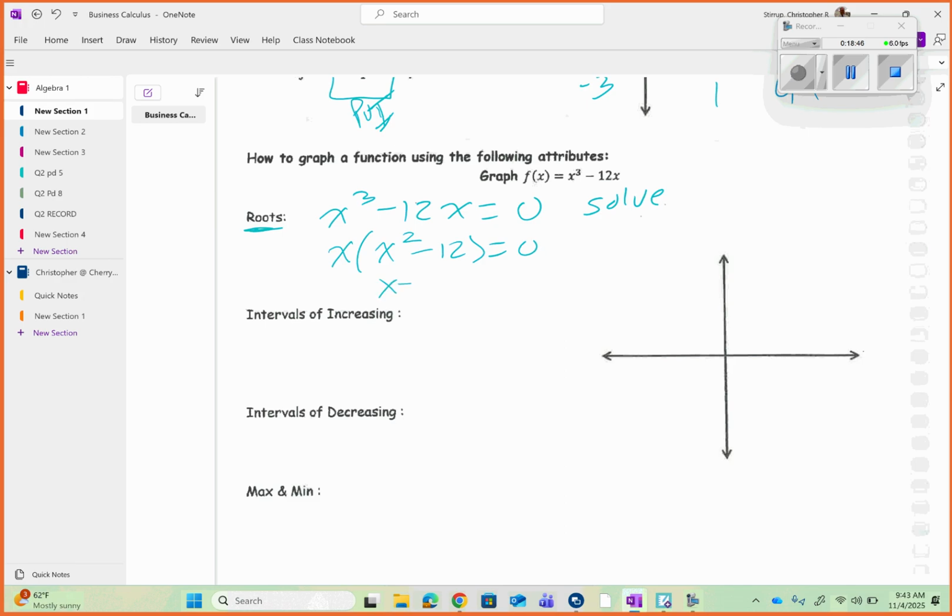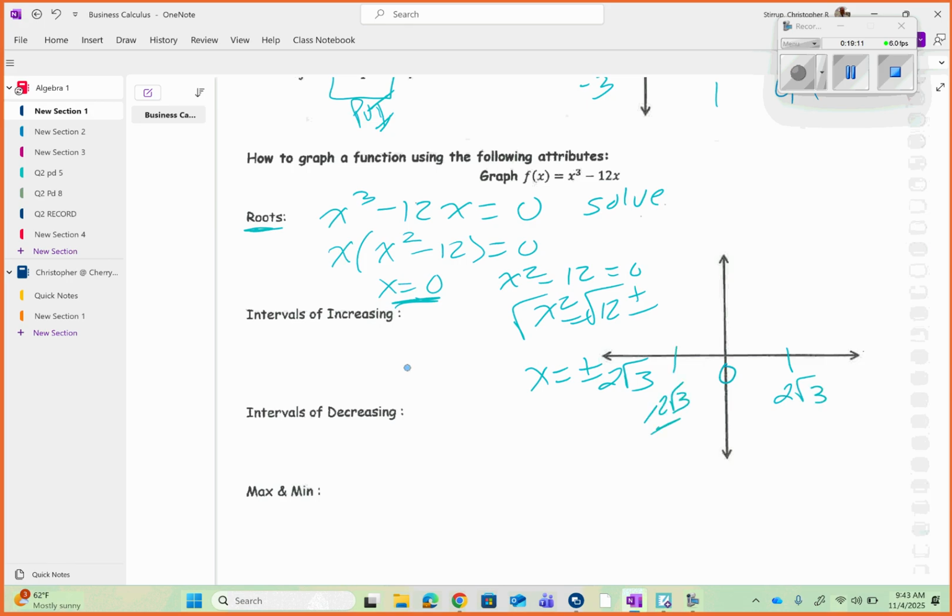We'll set each of those parts equal to 0. Root, don't forget the plus minus. So root 12 breaks down to 2 root 3. So these are the roots. I have a root at 0, one at 2 root 3, and another one at -2 root 3. So those are our roots.